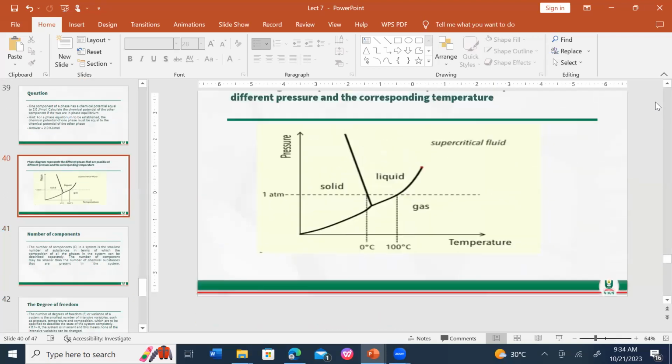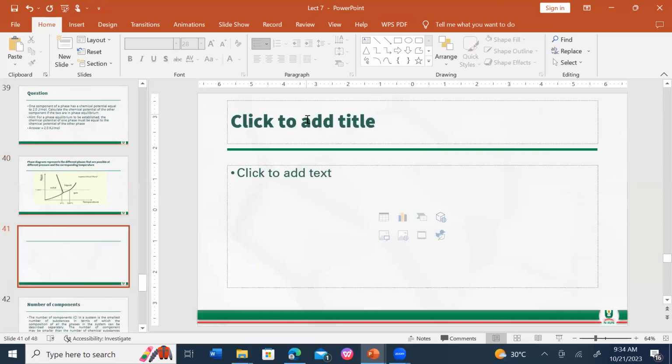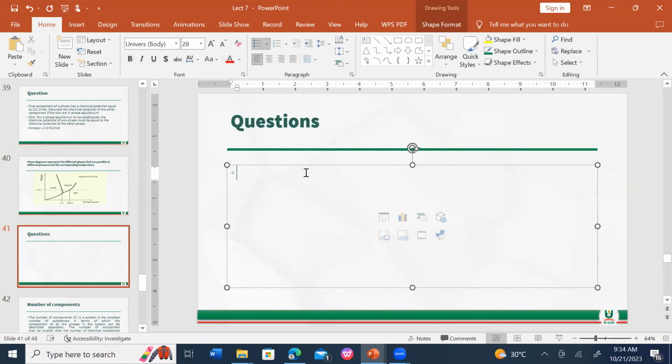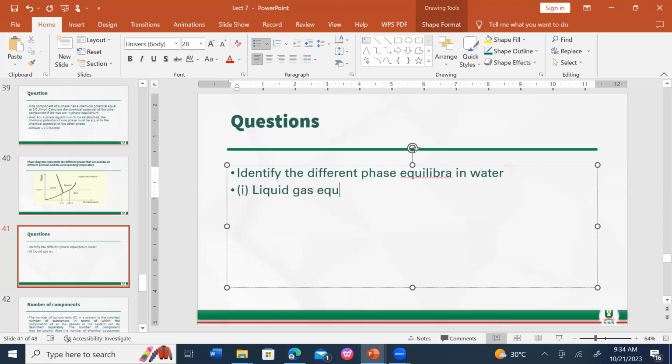Now, let's look at some of the observations there by treating some questions. Identify the different phase equilibria in water. What are the different phases? We were able to see a phase diagram existing between liquid gas equilibrium.